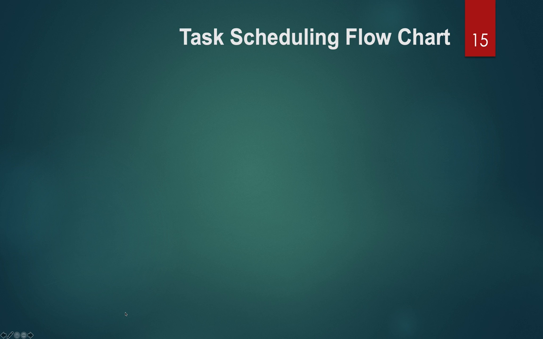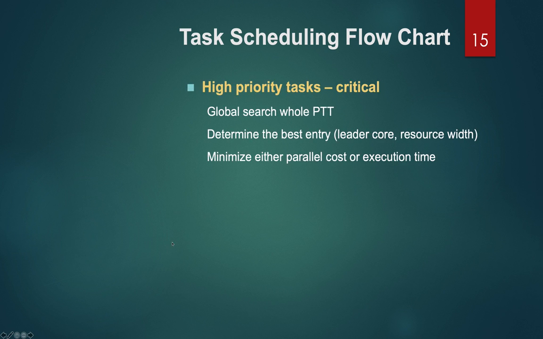Then we introduce how PTT is used for different priority tasks. High priority tasks globally search all possible entries of PTT to get the best one. For different schedulers, the minimizing target is different, either parallel cost or execution time.